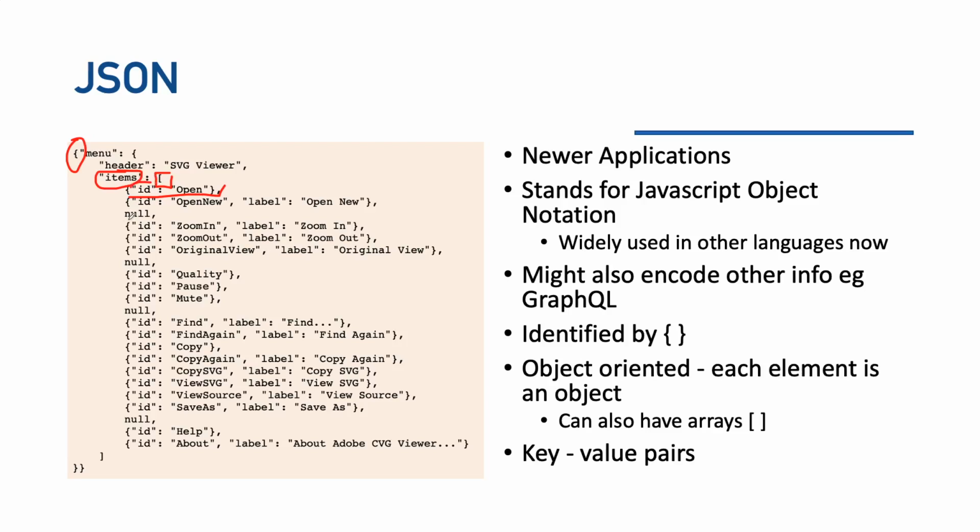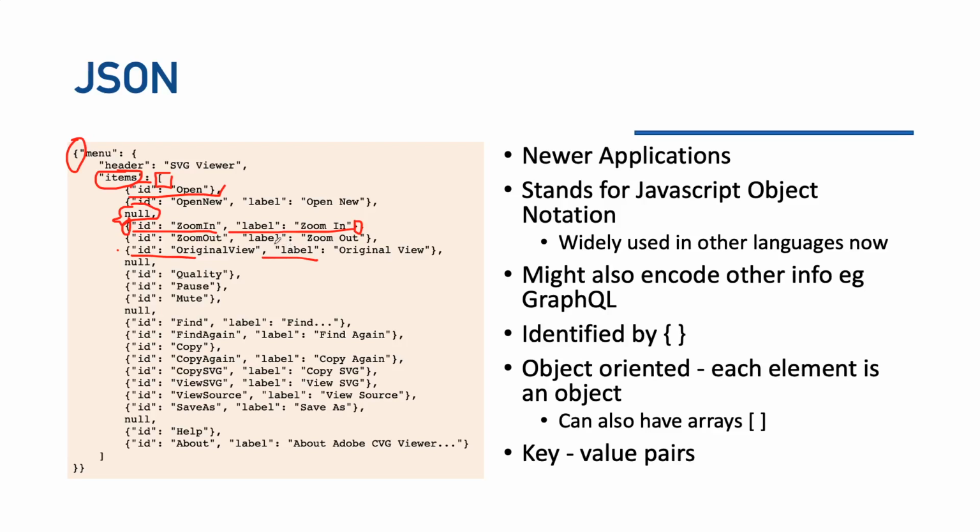So this here, from here to here, is another object that has an ID of zoom in, a label of zoom in. You can also have null objects as well. So here we have null, and here we have the same original view, label, original view. So a little bit different, but for the most part consistent.